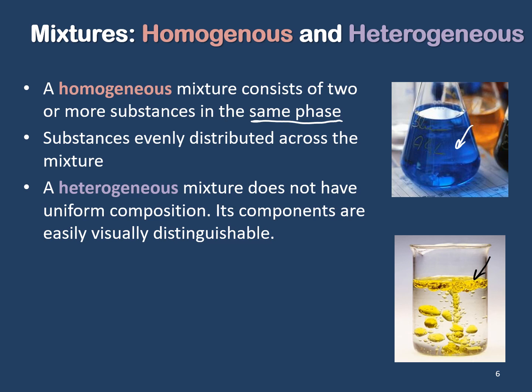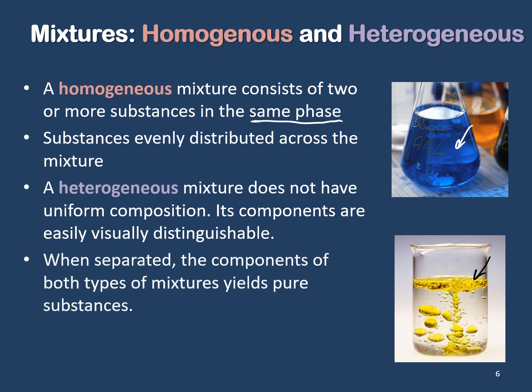Generally, that's a distinguishing characteristic of a heterogeneous mixture. However, for both mixtures, we can use physical separation processes like filtration and distillation to separate the two substances that are together into pure substances again.